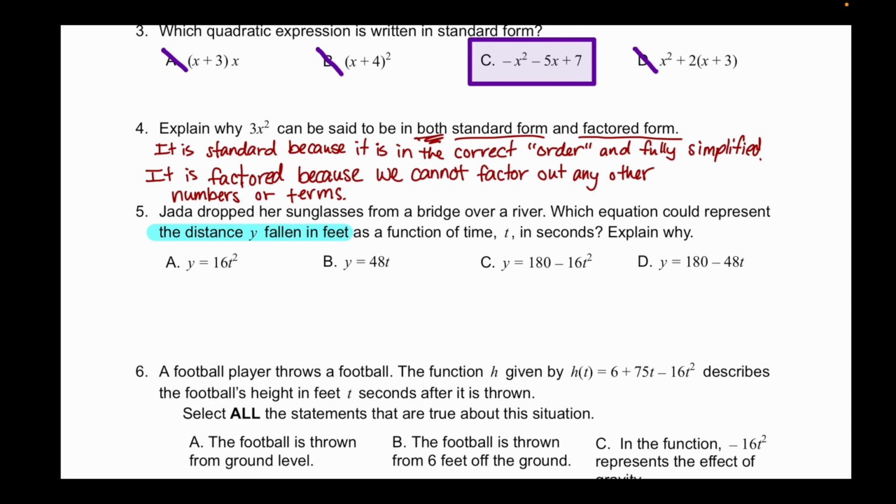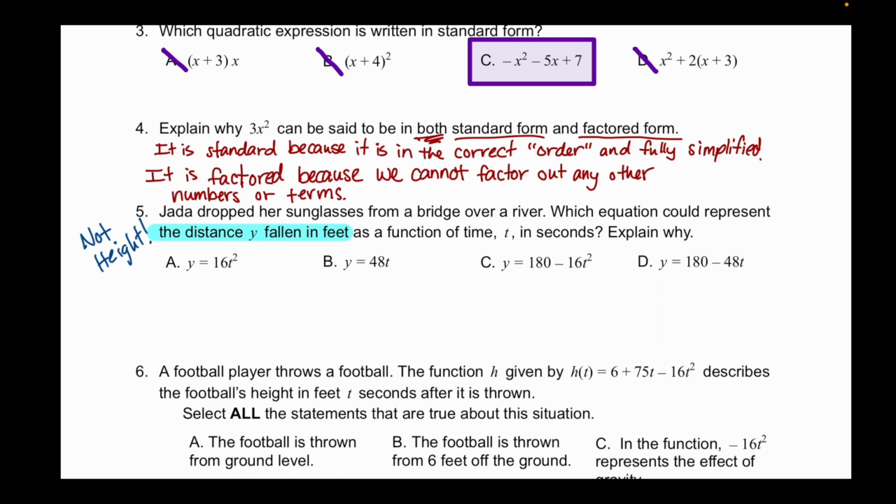And then explain why. So when we fall a distance, we are not looking at height, which means this is going to start basically at 0 and then increase.